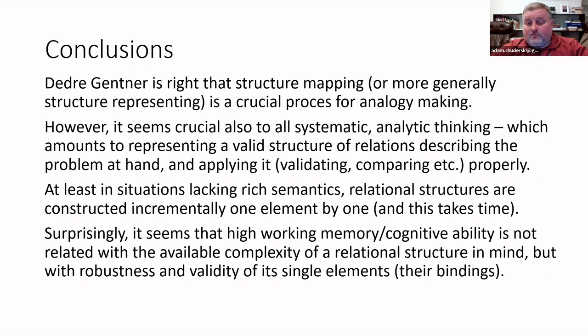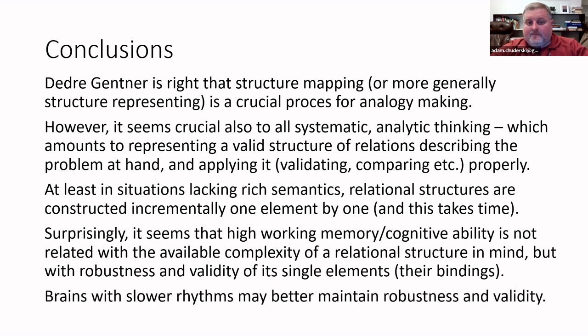What may be crucial for all the pattern of correlations with working memory and cognitive ability may be not the available complexity, but just how precise, robust, valid is the brain in representing single bindings between quite trivial elements. And it may be facilitated by using slower rhythms. They may be helpful for maintaining robustness and validity.